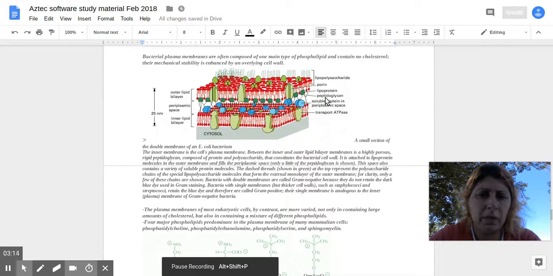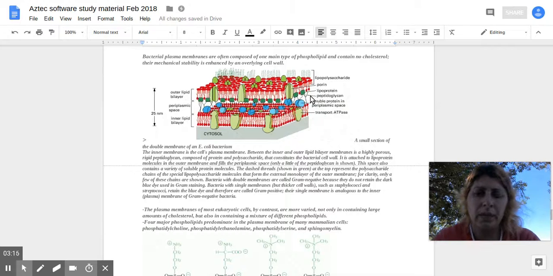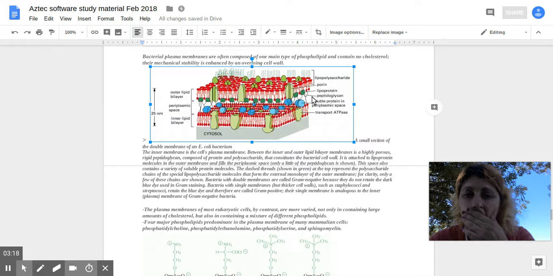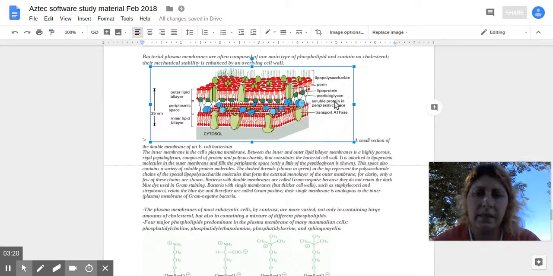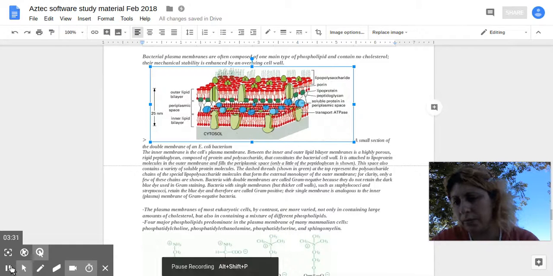So peptidoglycan, so proteins bound to sugars or carbohydrates. Shows an example of a soluble protein in the periplasmic space that goes through the channels, and a transport ATPase molecule.